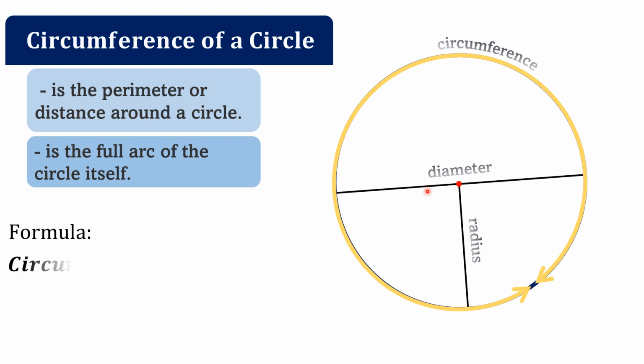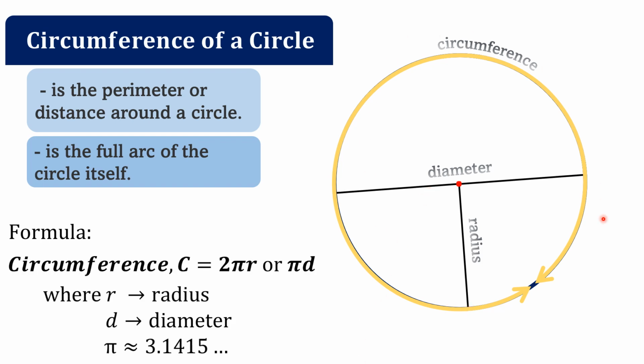The formula is circumference, which is denoted by capital letter C, equals 2 pi r or pi d, where r is the radius or the length of the radius, d stands for the length of the diameter, and of course pi is approximately 3.1415 and so on.